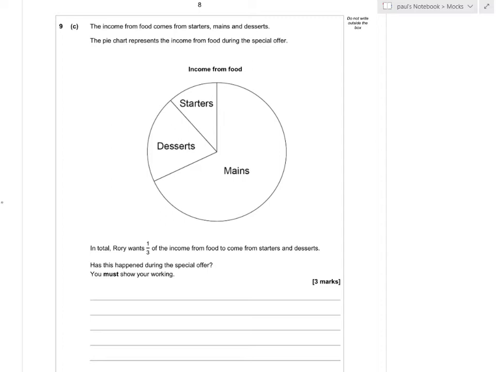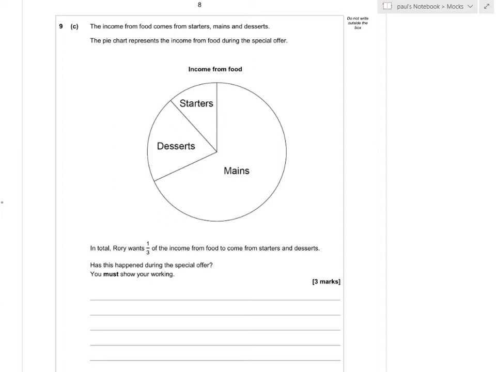I think what we're going to do is, the income from total wants 1/3 of the income from food to come from starters and desserts. So you've got to work out, is that 1/3?